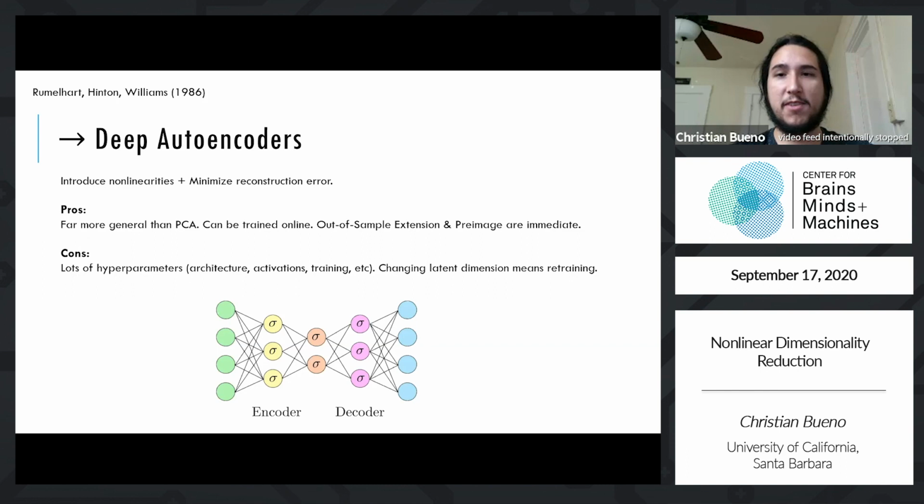But probably the most annoying thing is that if you wanted to view your data in a different number of dimensions, with more or fewer latent dimensions, you'd have to retrain the whole thing because you have to pick a whole new architecture. That's not great. But they're still super useful.